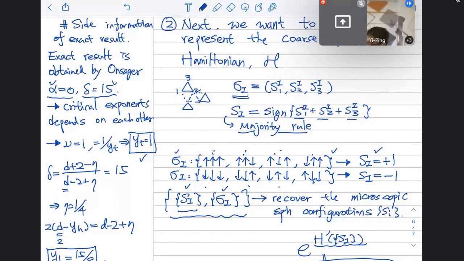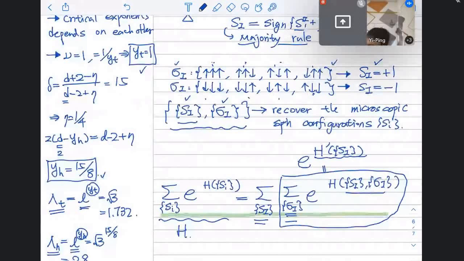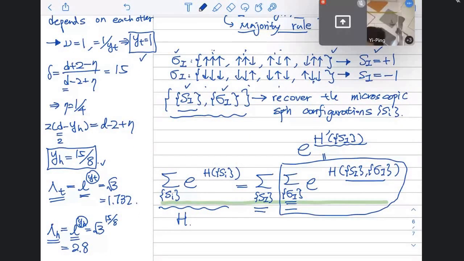Okay, so the green line, let's emphasize here, is trying to emphasize the partition function. The original configuration, to write it down, is exactly equivalent to the partition function that we use these new sets of variables to describe. So the goal that we are trying to achieve is that we want to consider the new Hamiltonian after the transformation, or after the cross-graining, which is called H prime.